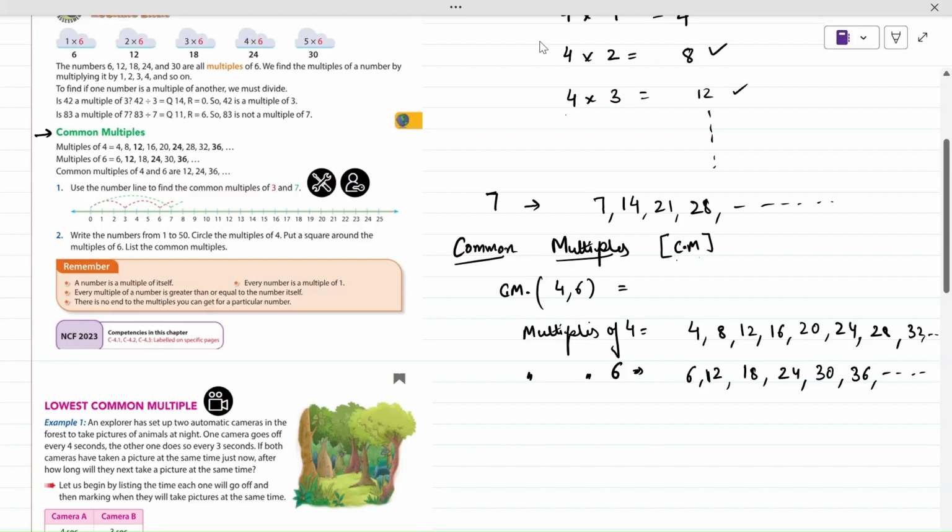Next, we have to find their common multiples. I'm marking the common multiples in red. 4, 8 and then 12. 12 is the first common multiple. Then 24 is common. If we move further, 36 is also common here, because 4 into 9 is 36, right?